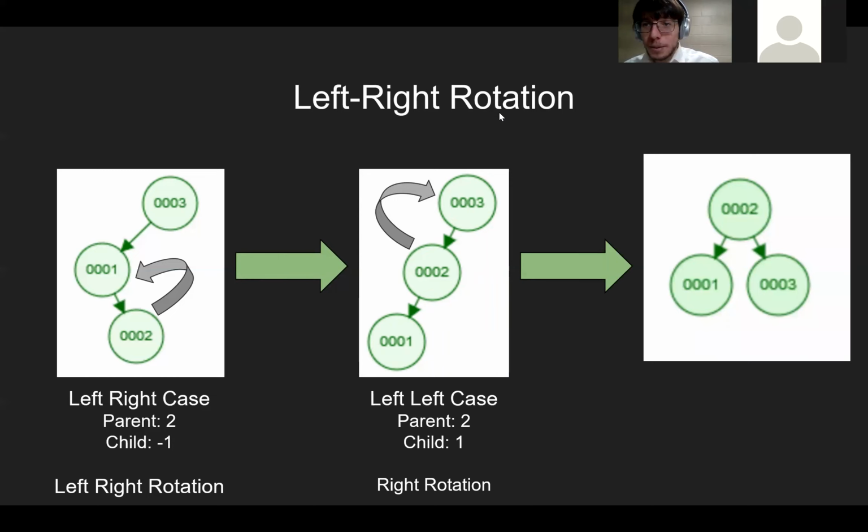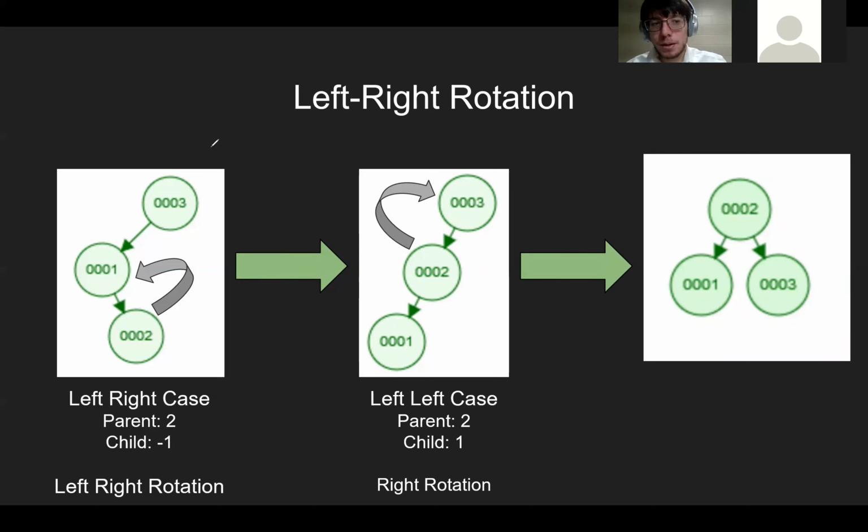I will point out, for me at least, sometimes when you have smaller problems, the easiest way to do it is in your head. If you're given a tree and you need to figure out what the rotation is going to look like, sometimes it's just easier to look at it in my head. So if I'm given this, I notice first of all it's not balanced. So what configuration of these 3 nodes could I make to make it balanced?